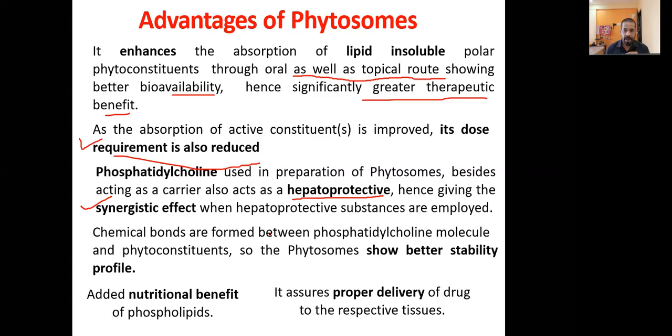These phytosomes show better stability, better absorption, better solubility, and better bioavailability. And apart from that, they show additional nutritional benefits. Okay, so it assures proper delivery of the drug to the respective tissues.